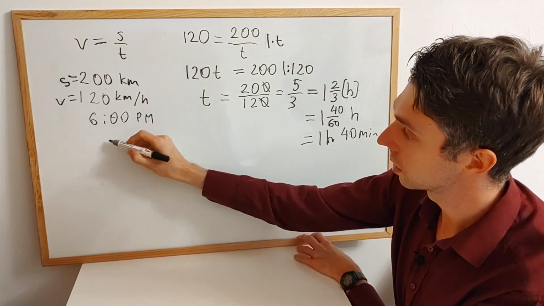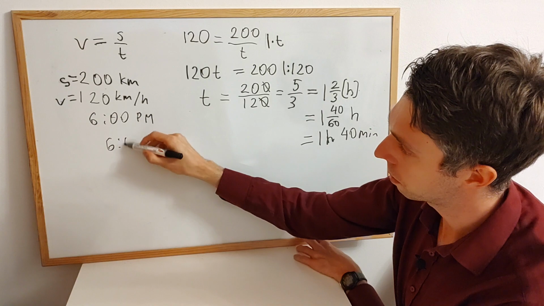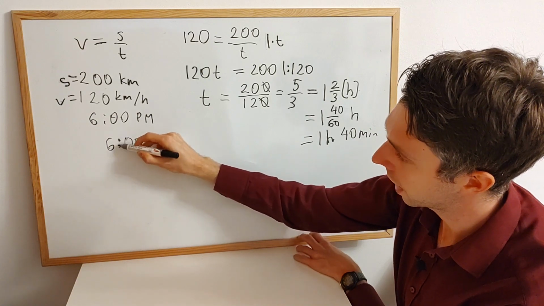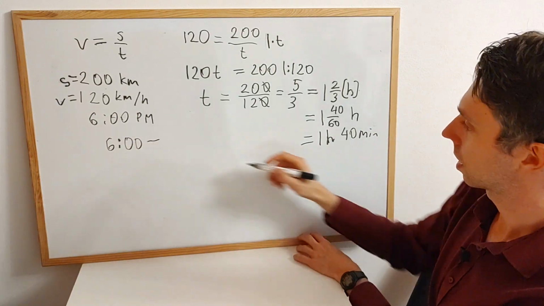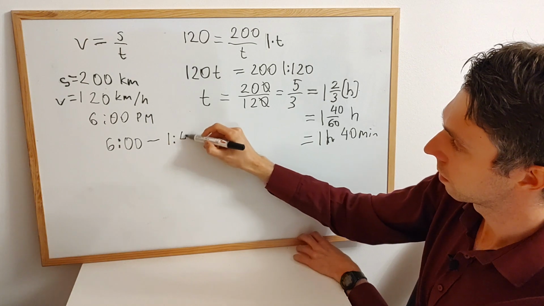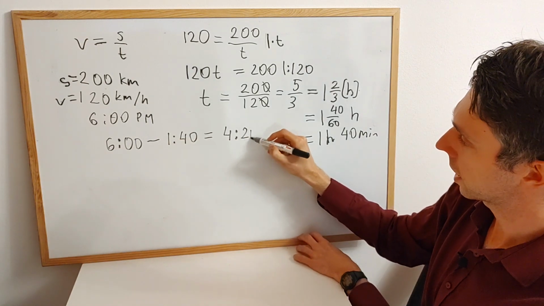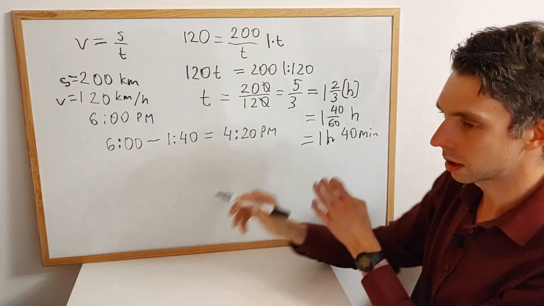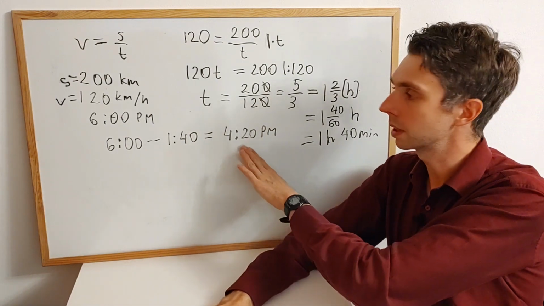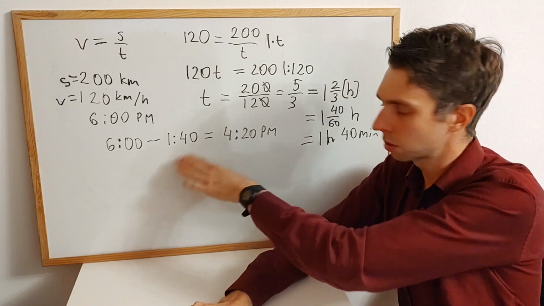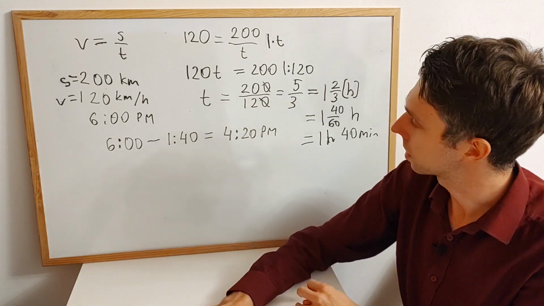So the time when you should depart is 6 p.m. minus 1 hour 40 minutes. So you get 4:20 p.m. So this is the very last moment you should depart to be exactly on time.